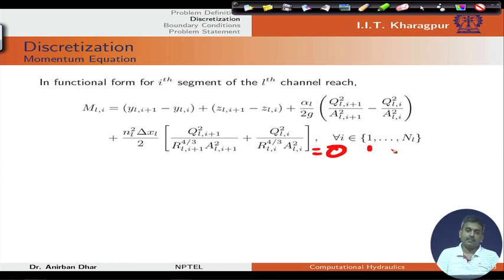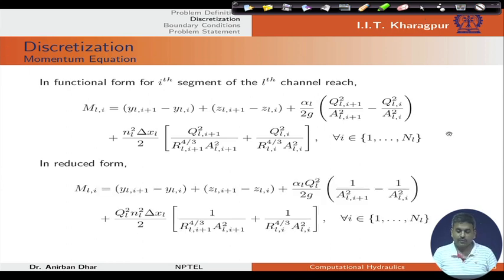We have N L plus 1 number of sections, but N L number of segments. So, these equations will be there for N L number of segments. Now, in reduced form, because for a single channel or channels in series we have a constant value of Q L, we can take this Q L square out of the right hand term.